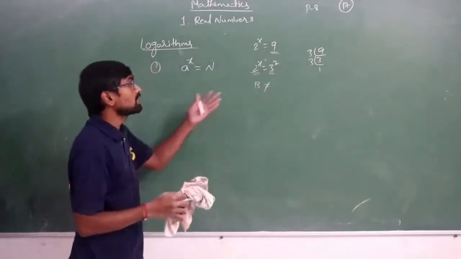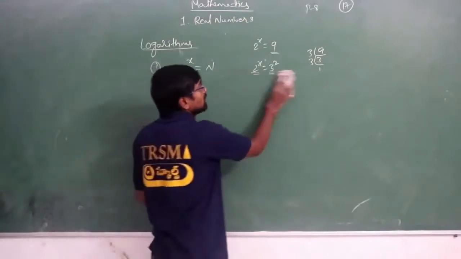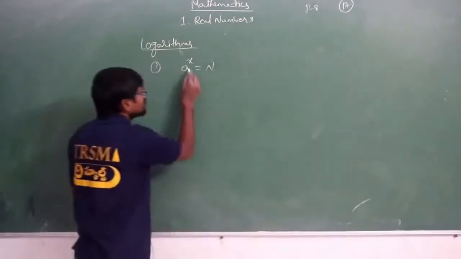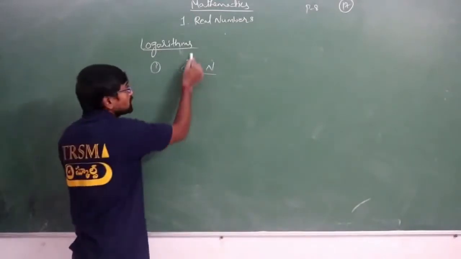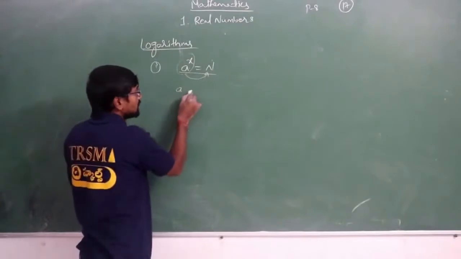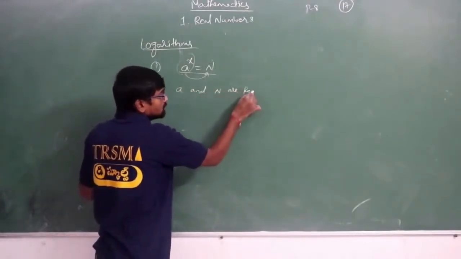So in such types of cases, how can we find the variables which are lying in the power? Here you can see, this is the exponential form. a power x is represented as some natural number n. Here a and n are real numbers.